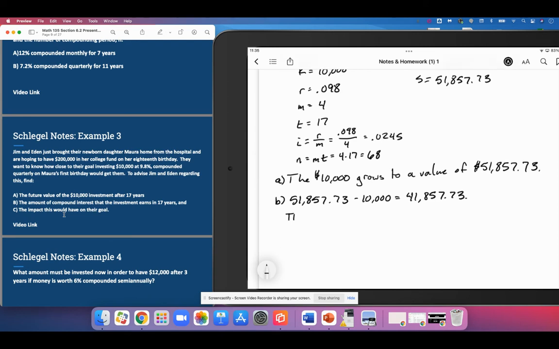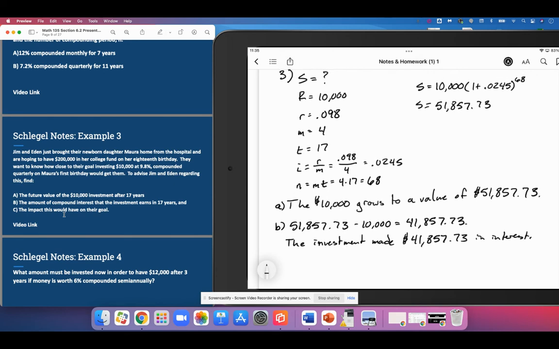So the investment made $41,857.73 in interest. And again, this is money that these people are making for doing nothing.